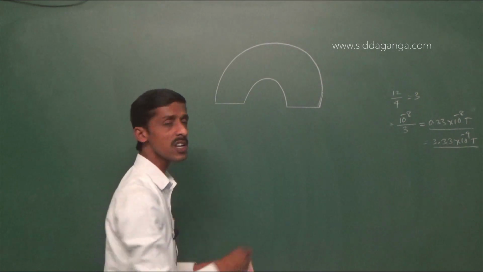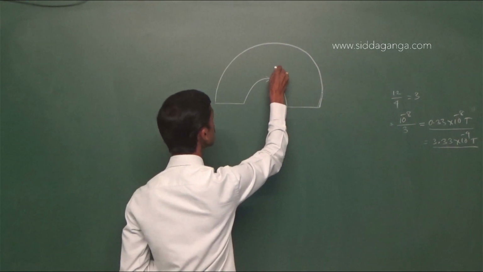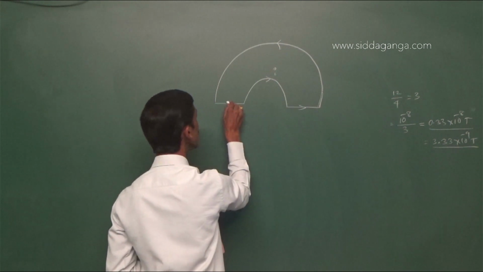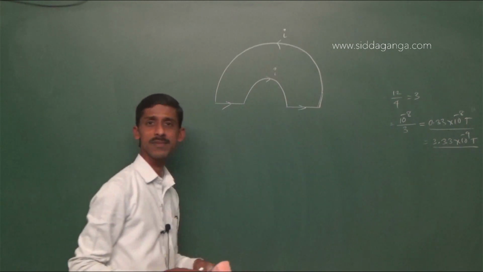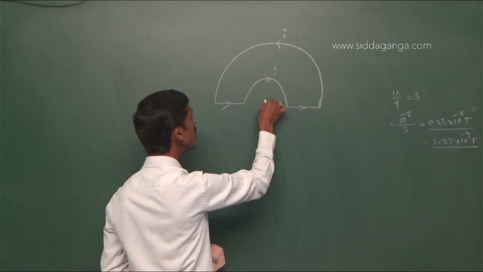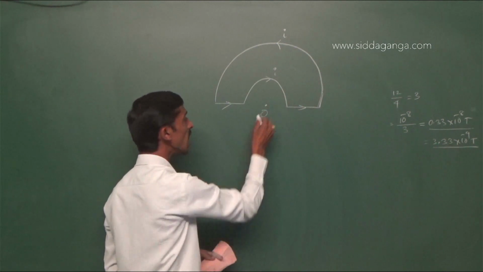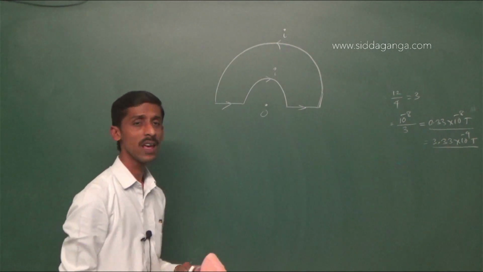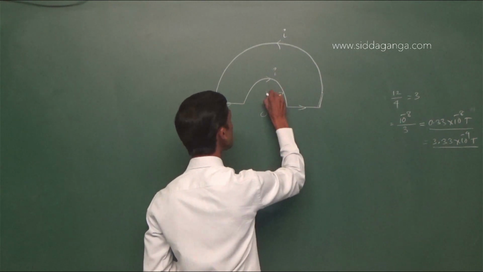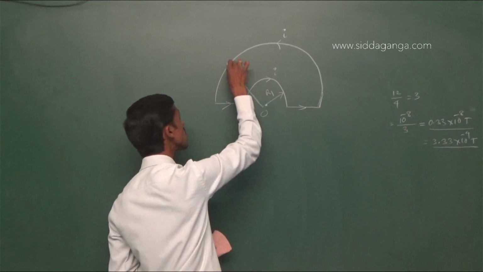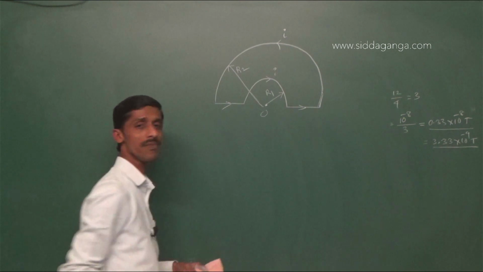In that configuration, current is flowing like this. What is the magnetic field due to this configuration at the point O? The inner semicircle has the radius R1, whereas the outer semicircle has the radius R2.